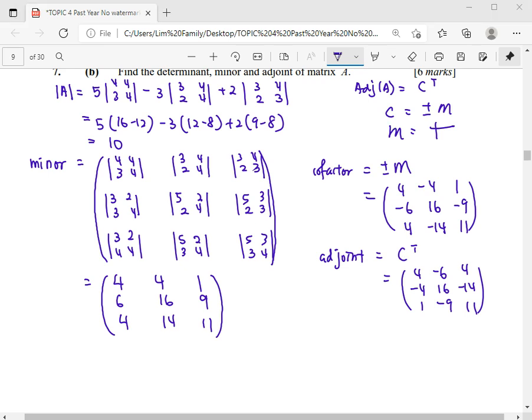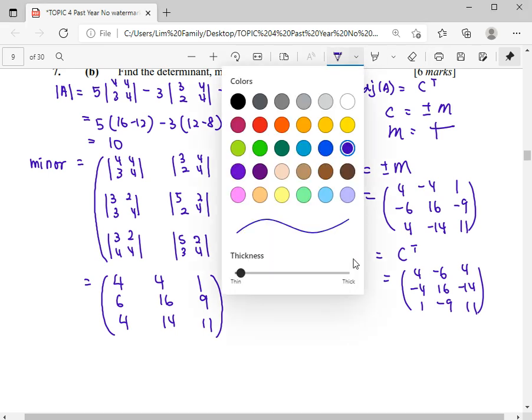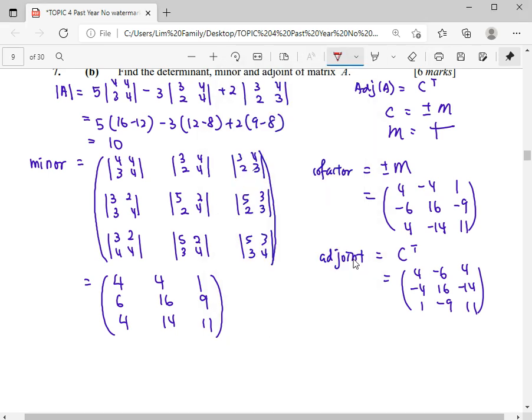Let's see how we're going to mark this. What is the important concept here? First of all, they ask us to find the determinant, so of course our concept of determinant and the answer. Then they ask us to find the minor, so we see how you eliminate your row and column for each of the 9 positions, and then get to the answer.